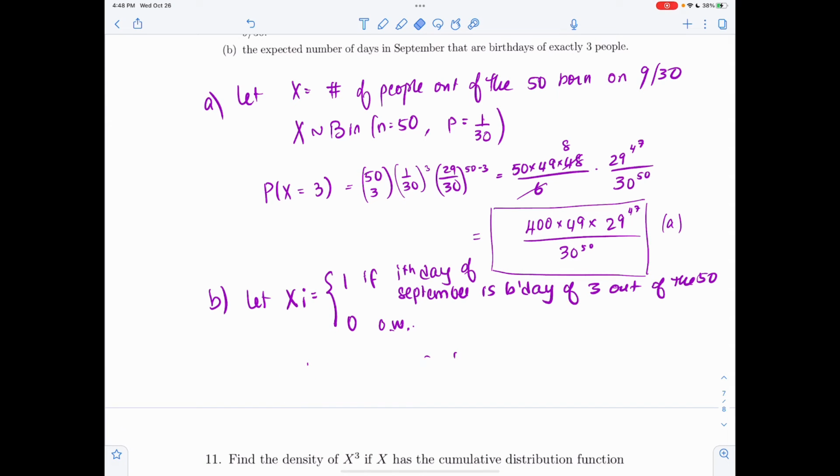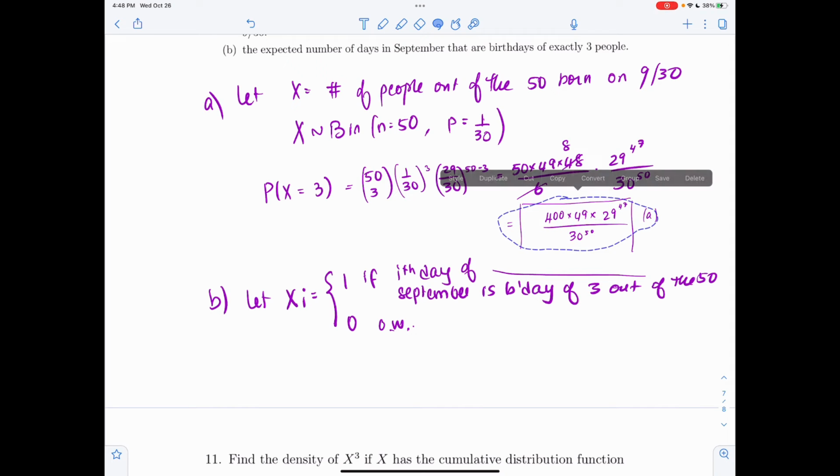Okay, so this random variable is 1 if that day is exactly the birthday of 3 people, and 0 if it's the birthday of any number of other people. Okay? And what do we want?